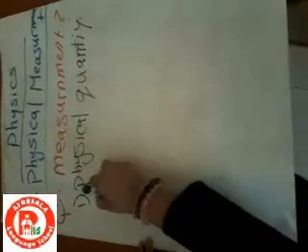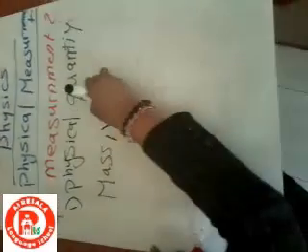Like what physical quantity? If I ask you from your previous studying in Prep 3, give me examples of physical quantities. Like, for example, mass is a physical quantity. What else? Volume is a physical quantity. And so on. All these are called physical quantities.